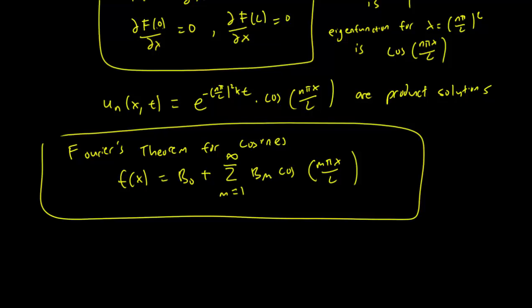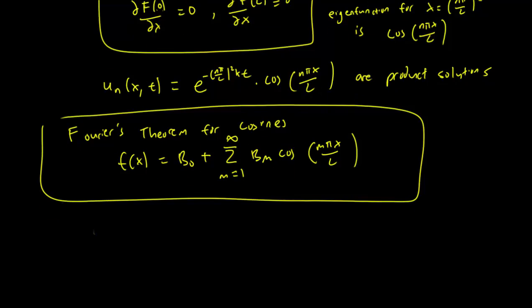Now we have to think a little bit about how to find the b_m terms, the constants. It turns out that for m not equal to 0, everything works the same way as the sine case. In fact, we get exactly the same formula.